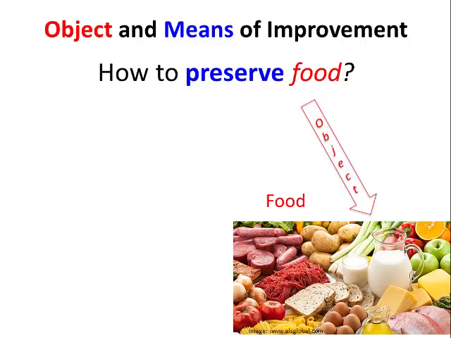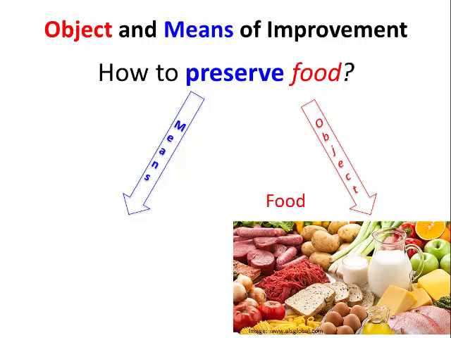The means of improvement is established by adding the word means to ahead of the word that identifies the action of improvement. The action is usually denoted in a problem statement by a verb. A verb, preserve, identifies the action of improvement here.